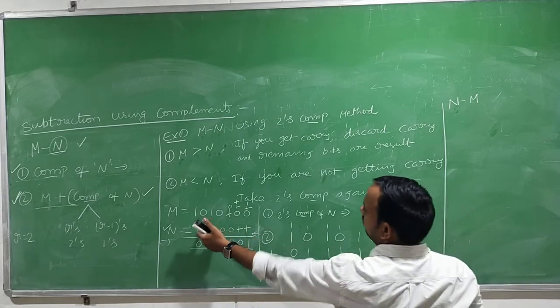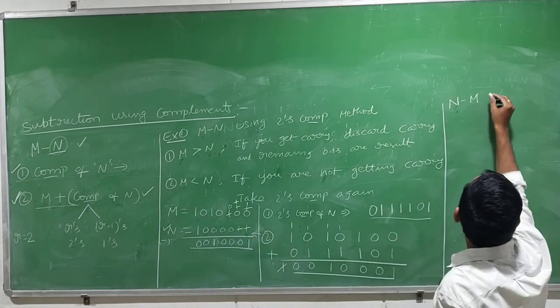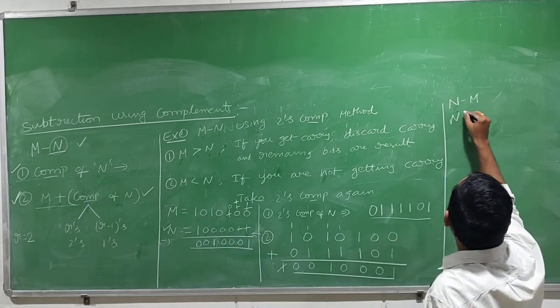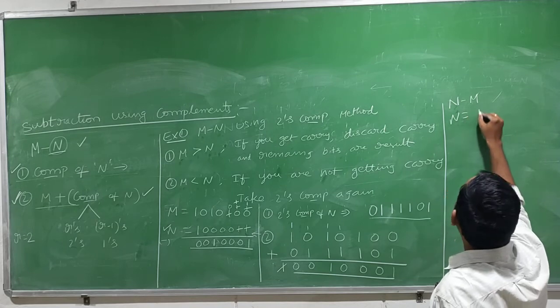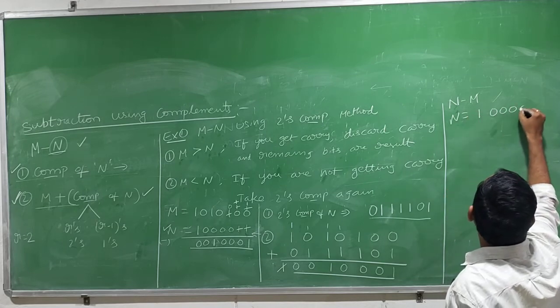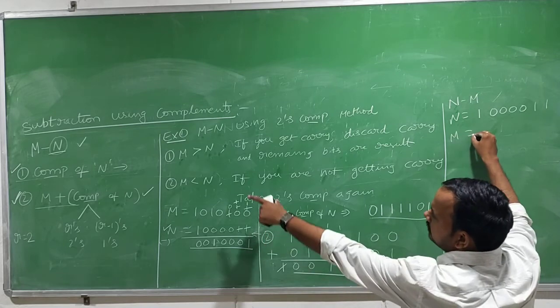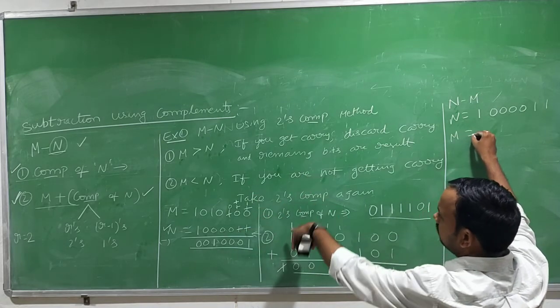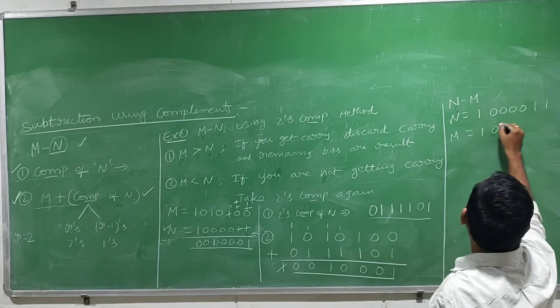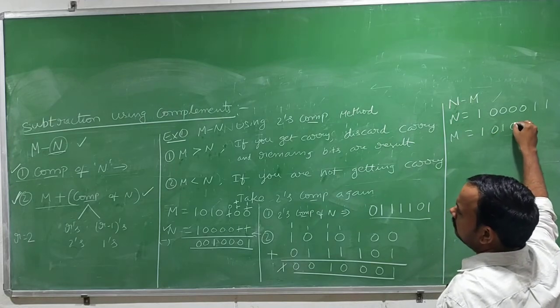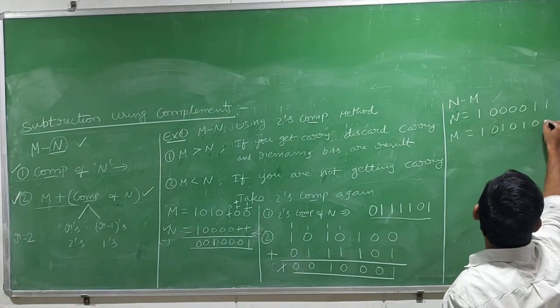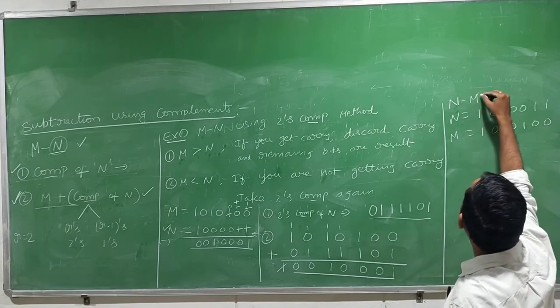What is my n here? n is nothing but 1, 4 zeros, 1 1. And my m is 1 0 1 0 1 0 0.